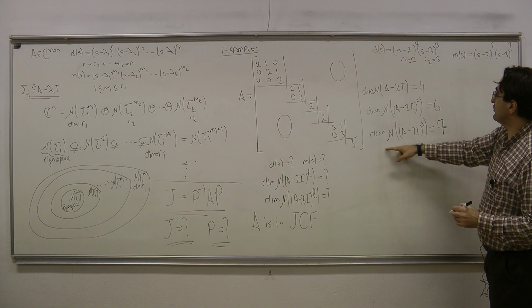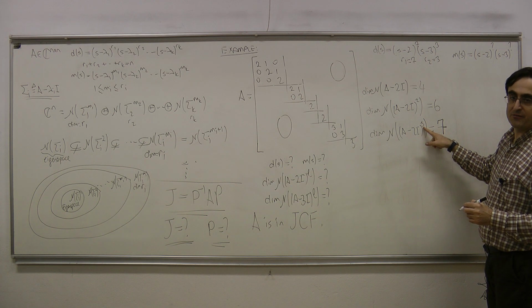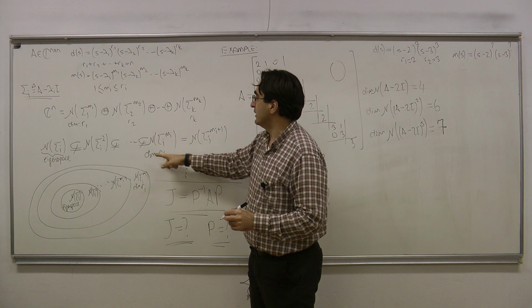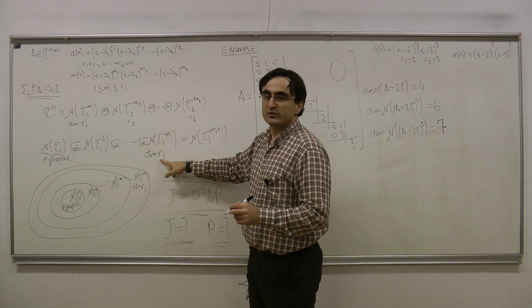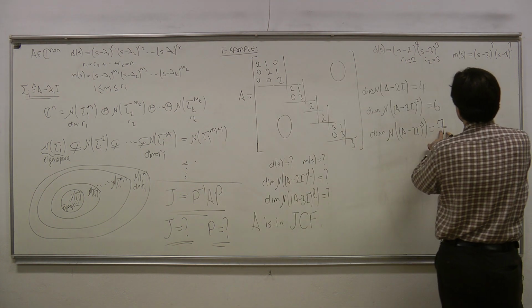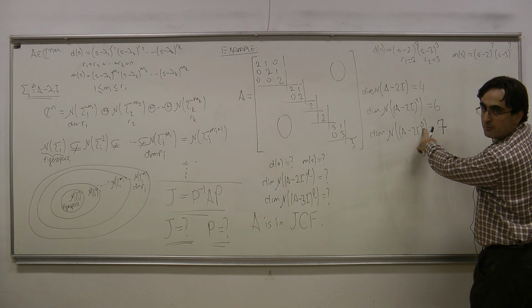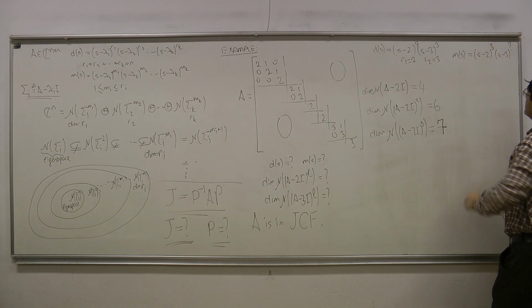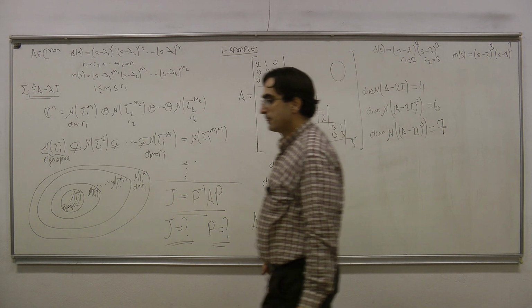So we reach the dimension 7 at the power 3. And according to this fact here, we are going to reach the dimension Ri at the power Mi. Since this dimension is Ri, this is going to be my Mi. So this power in the minimal polynomial of the eigenvalue 2 will be 3. Okay?